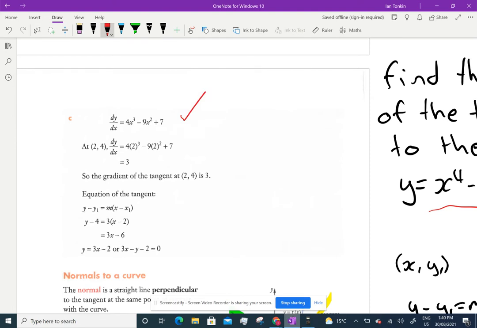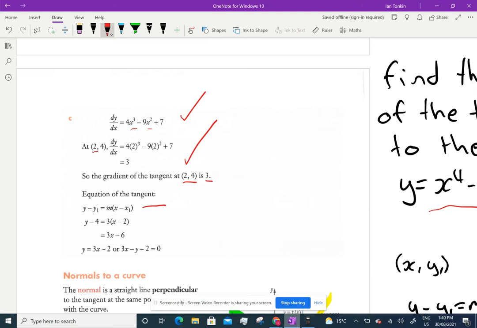At the point (2, 4), they put 2 everywhere there's an x, and they get the gradient of the tangent. So they've got a point, (2, 4), and the gradient of the tangent. And then you just use this formula, y minus y1 equals m outside of x minus x1, to get the equation of the straight line.